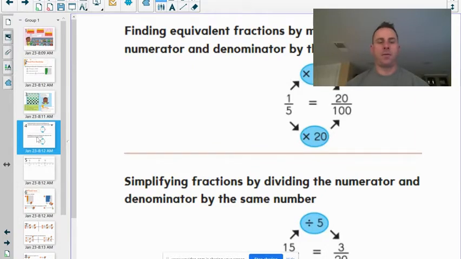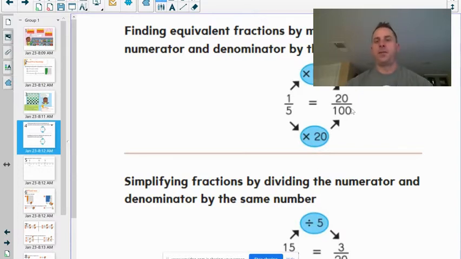You might remember from previous chapters finding equivalent fractions by multiplying the numerator and the denominator by the same number. It's really convenient when the denominator is 100 and the other fraction's denominator is a factor of 100. Or in other words, you could skip count by this number and get to that 100. Makes it really easy, right?